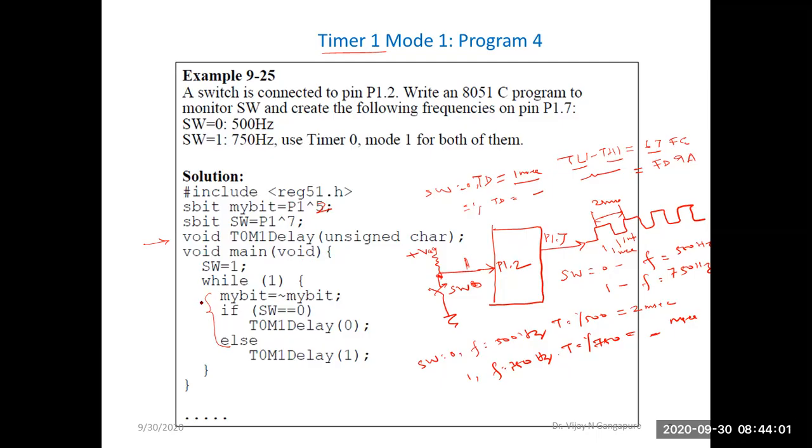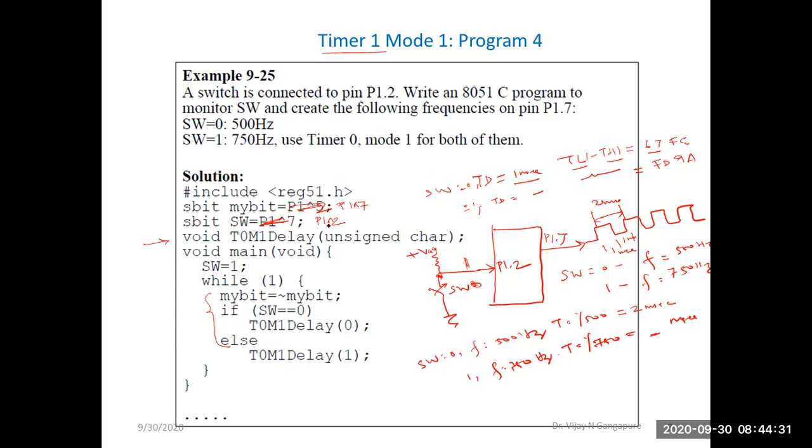Here there is a problem, it is not matching. The switch is connected to P1.2 and we are generating the square wave on P1.7.